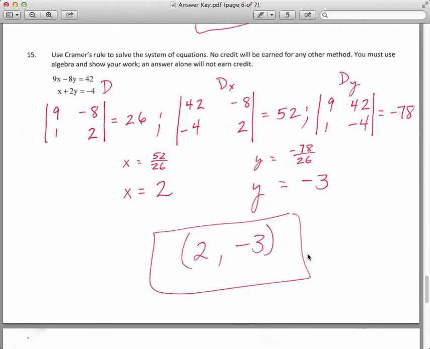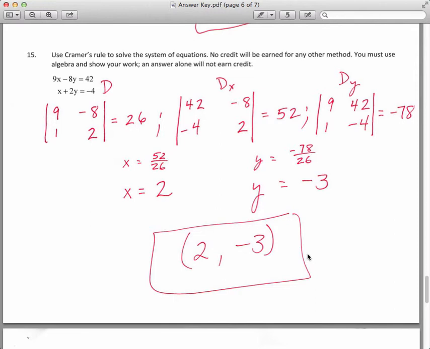In this problem, I asked you to use Cramer's rule to solve. So we find our three determinants: D, the determinant of the coefficient matrix; D sub x, the determinant when we replace the x column coefficients with the constant terms from the opposite side of the equals; and D sub y.